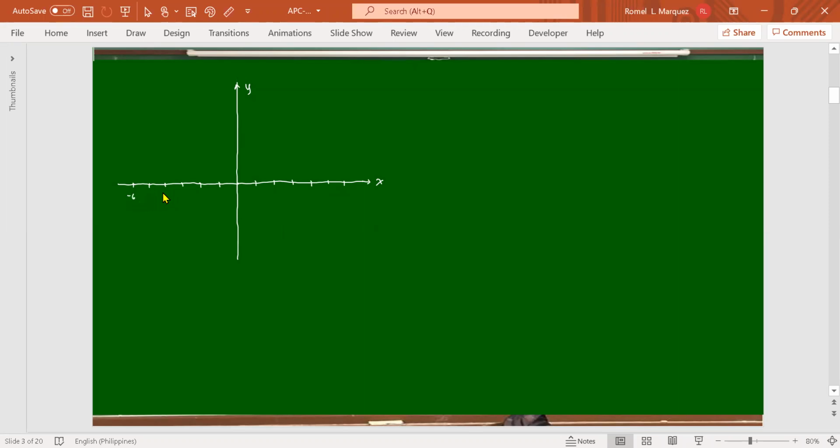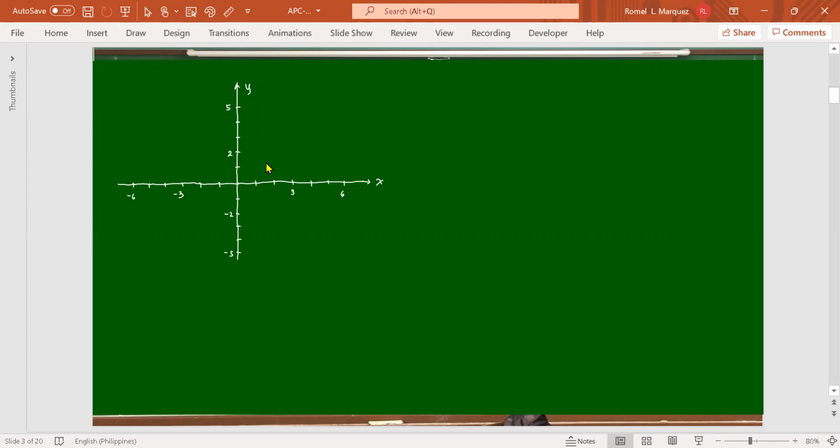Then on the y-axis, 1, 2, 3, 4, and -1, -2, -3, -4. Let's have marks up to -5, -2, +5, +2. Okay, guys?